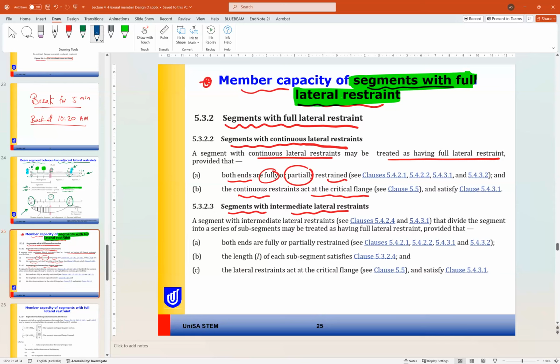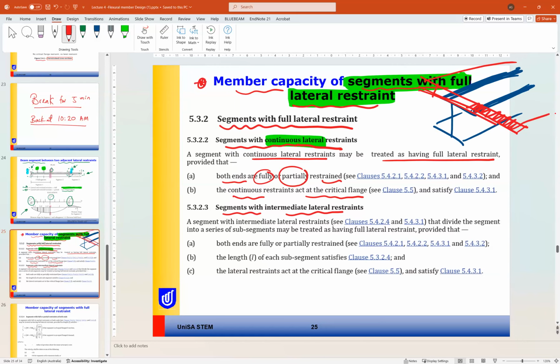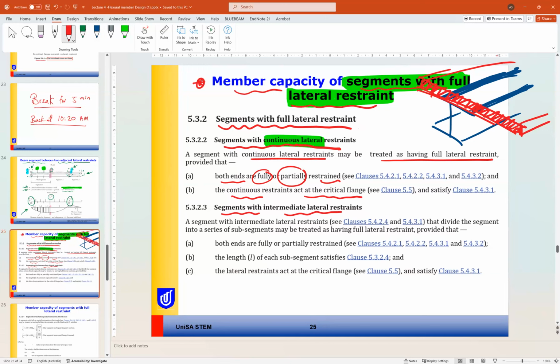So this means that if we have a beam running like this, the whole beam in the continuous lateral restraint case is prevented from lateral deformation. This will be the case if we have a concrete slab above this beam. This concrete slab will provide full lateral restraint to the compression flange.